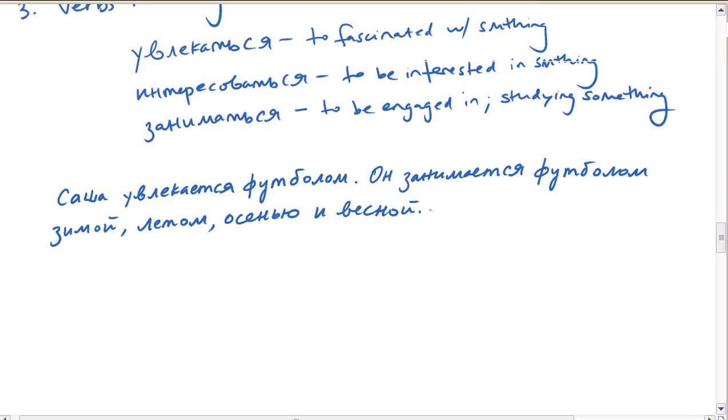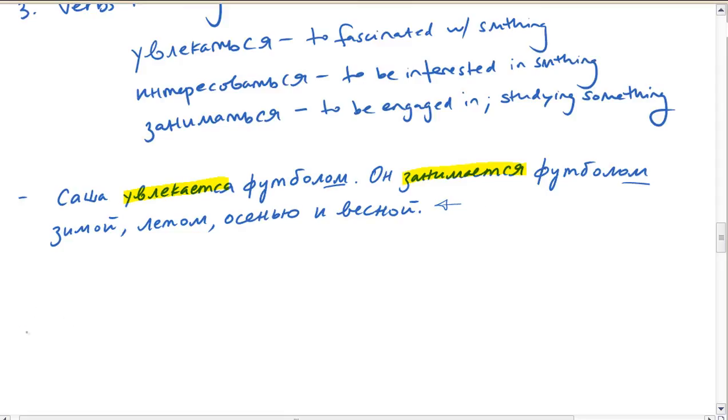So we've got two of those verbs, увлекаться and заниматься, and you'll see that they both require the instrumental. And then we used these guys, if you remember, in the instrumental to indicate a time when something's happening.